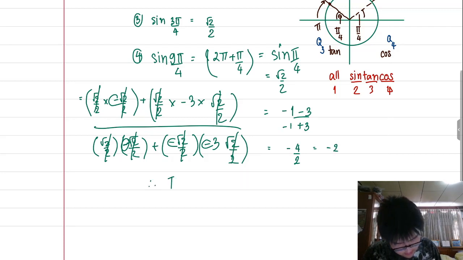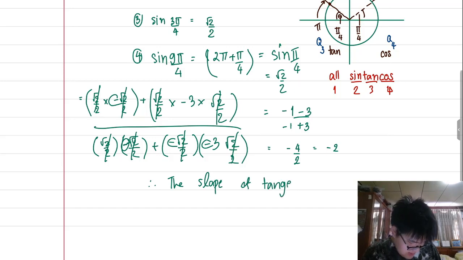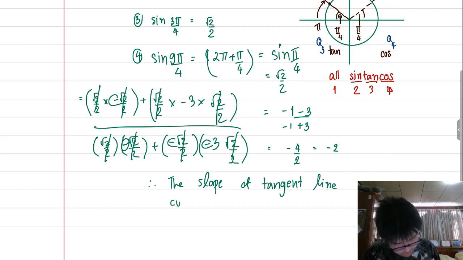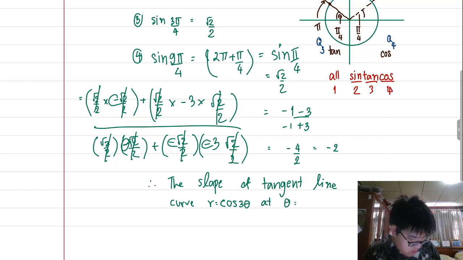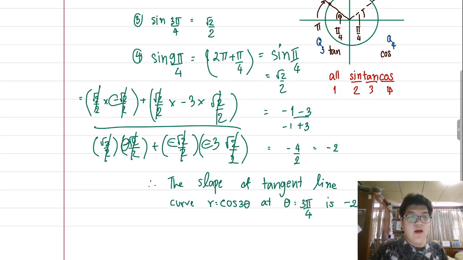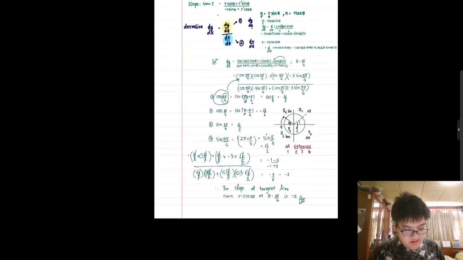Then the slope of the tangent line to the curve r equals cosine theta at theta equal to 3 pi over 4 is negative 2. And this is our answer for the slope of this curve.